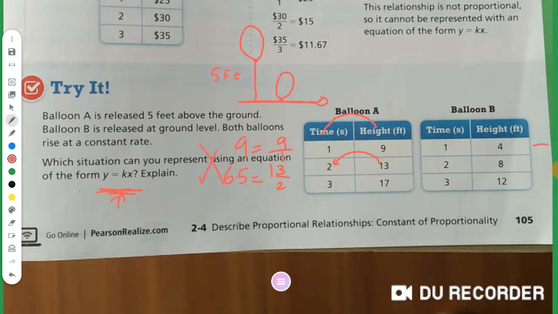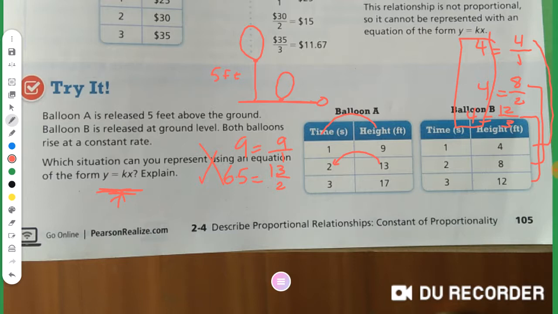Let's check the other one. The first is 4 over 1 equals 4. The second is 8 over 2 equals 4. The third is 12 over 3, which equals 4 too. So it's the same fixed number, so they are proportional, and the fixed number k equals 4.